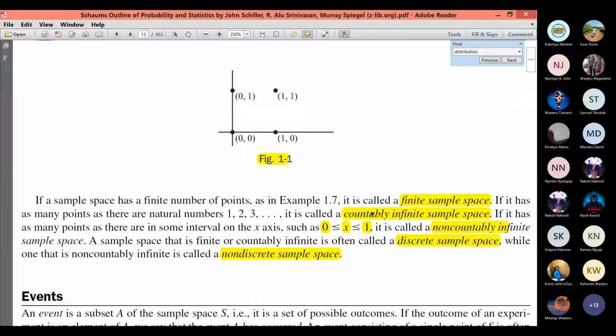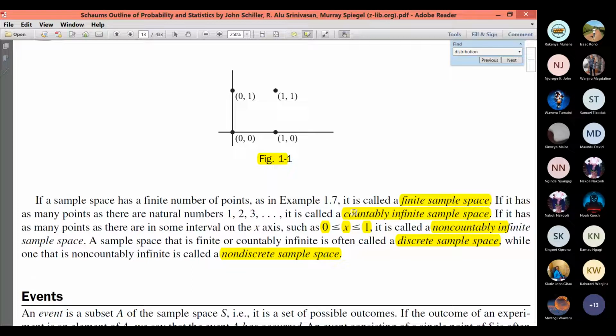Now there is what we call countably, underline the word countably, countably infinite sample space. Countably means you can start counting, but the time frame, we don't know when you're going to stop, because the numbers to be counted are very many, but you can still count.